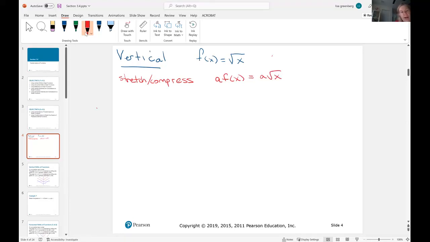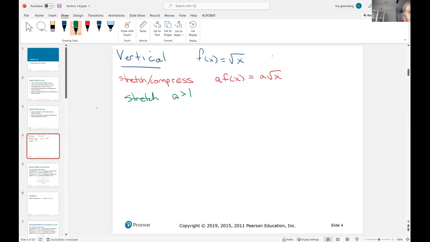So now, if I want to stretch it, which means basically I'm taking it vertically and I'm pulling the top of it up, so it's getting taller, then that's called a stretch. So a stretch is when a is greater than 1, okay? So when a is greater than 1, we're going to stretch this graph.